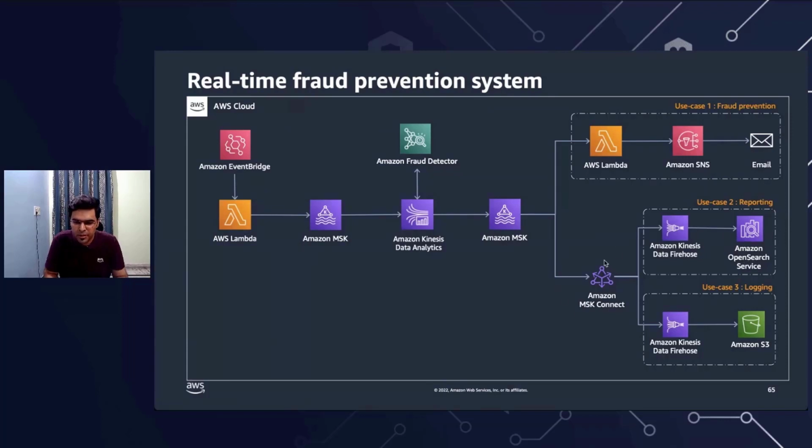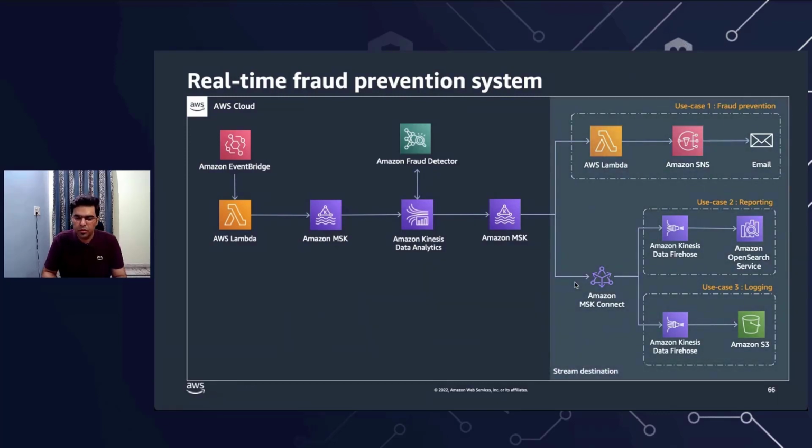So if your Amazon MSK Connect is auto-scaled, your MSK is provisioned well for the peak, your data analytics application is scaling as per your requirements, and Lambda is event driven, end to end your pipeline takes care of your streaming use case for the scale. And then Kinesis Data Firehose has request-based pricing as well.